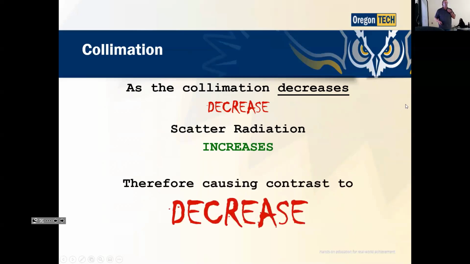In your notes, what I'd recommend putting is as collimation increases, your contrast is going to increase. That's an easier way to do it. So collimation up arrow equals contrast up arrow.